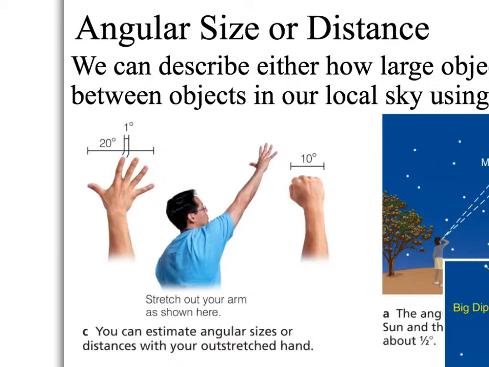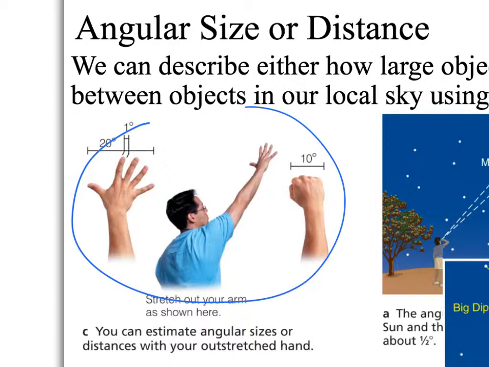So I know we talked about the astronomical unit, the average distance between the Earth and the Sun, and a light year and all that. But again, back to our local sky, sometimes we want to say how big objects are or the distance between objects. And what we need to do then is use what we call the angle that an object subtends, or the angle between two objects for a distance.